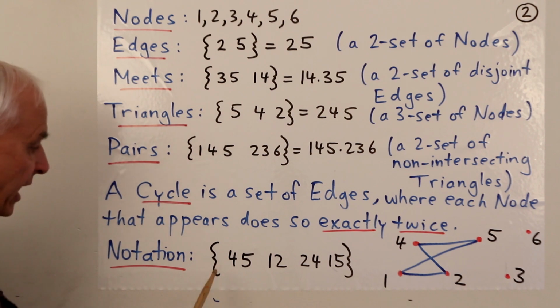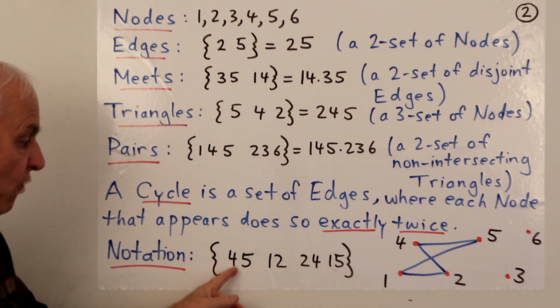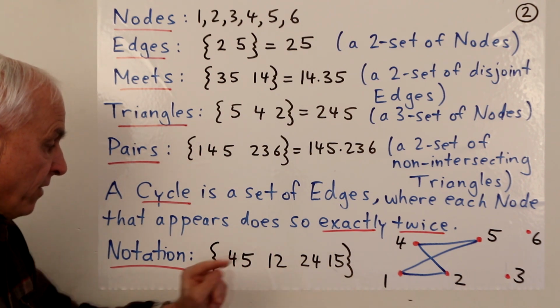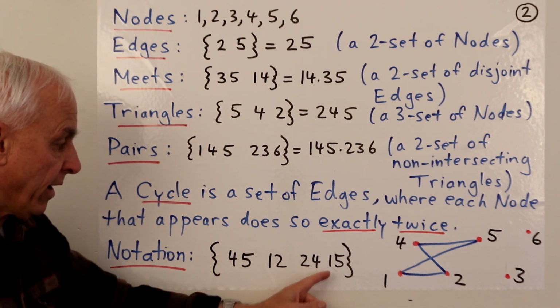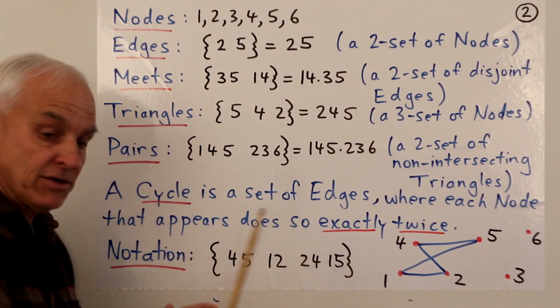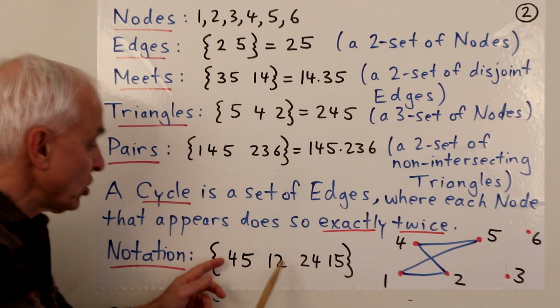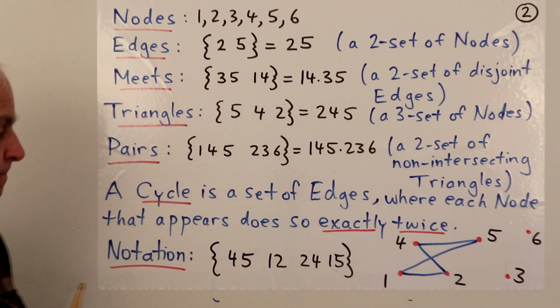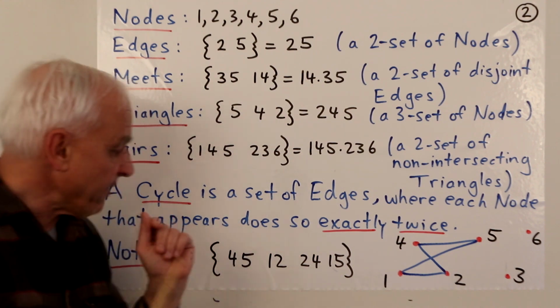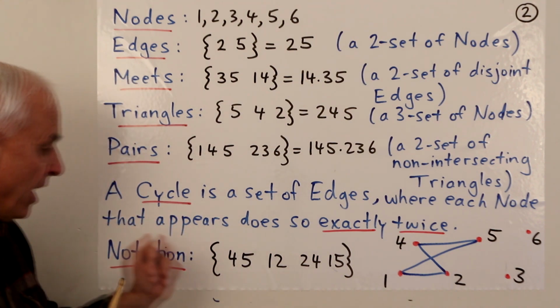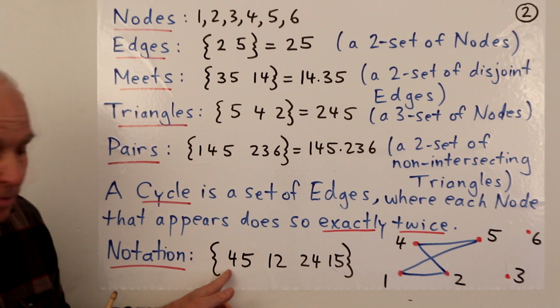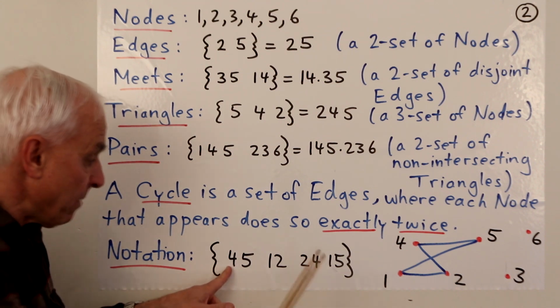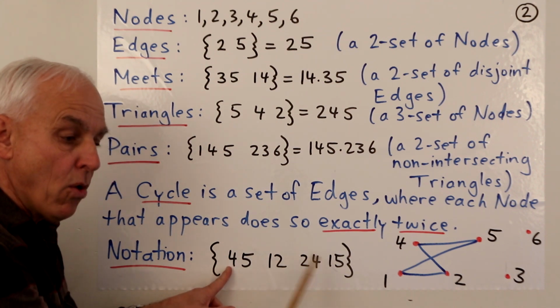For example, here is a set of edges. It has 4 edges. The edges are 4,5, 1,2, 2,4, 1,5. And it's a set, so these things are unordered. We could swap things around and it would still be the same set of edges. Now these edges have a certain interesting property. The node 4, for example, appears in this edge, and it appears in this edge, but no other edges.